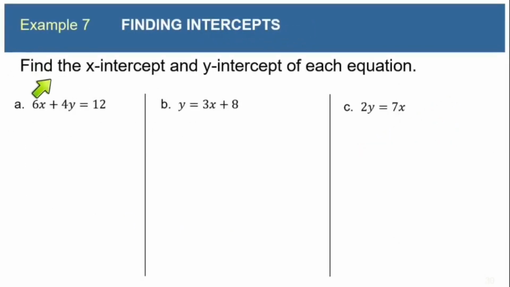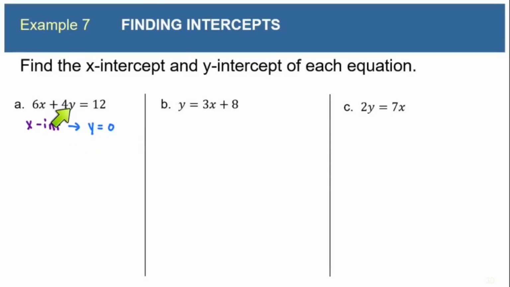So here in example 7, it says find the x-intercept and the y-intercept of each equation. We'll start with part A, and this says 6x plus 4y equals 12. Now we know that to find the x-intercept, we let y equal 0, or we plug in 0 for the y.